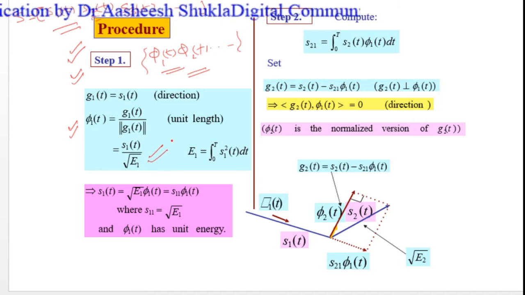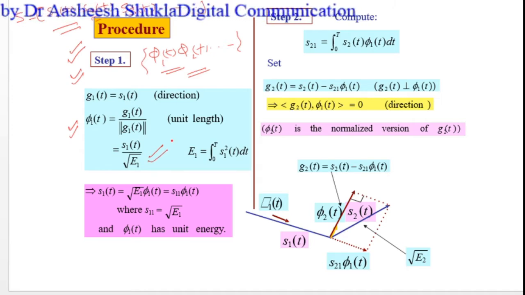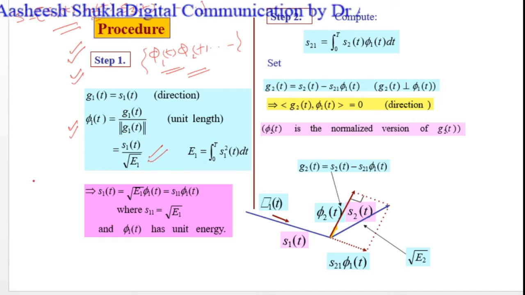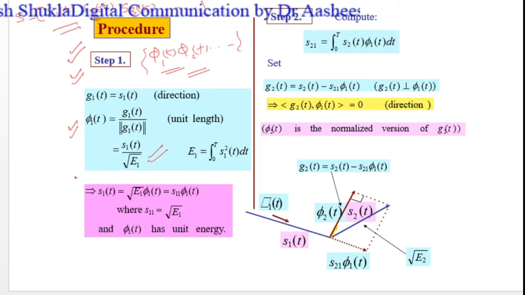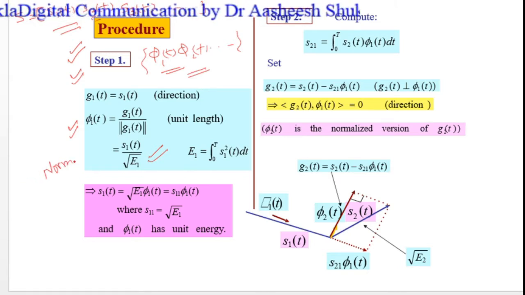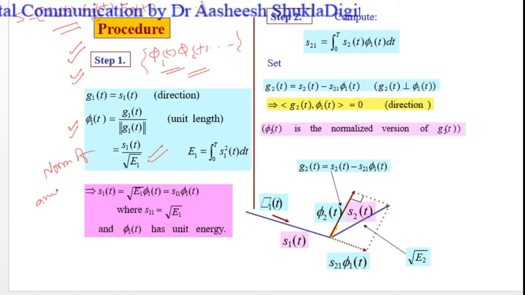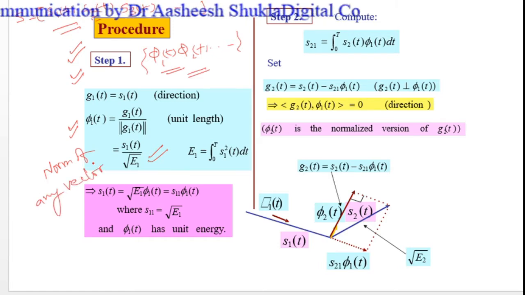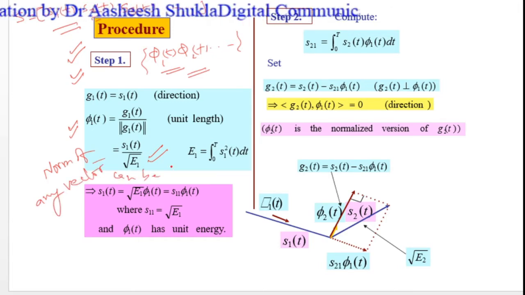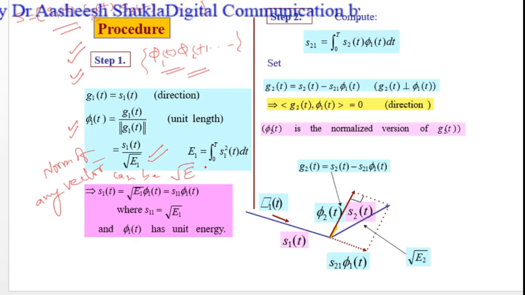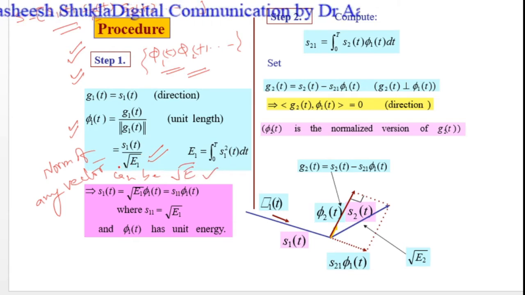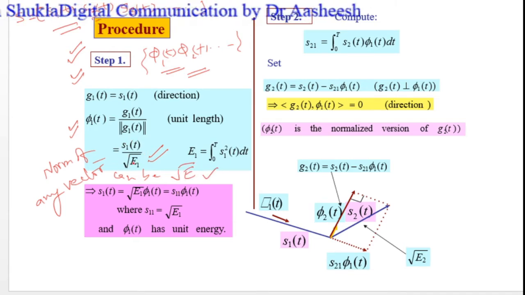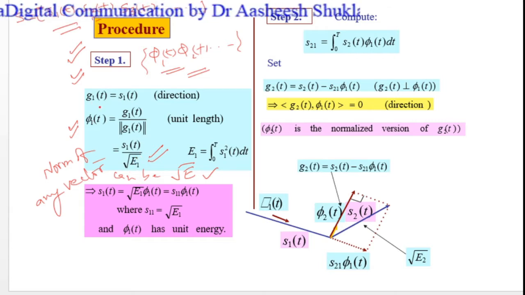This we have already seen in the previous lecture, right? So the norm of any vector is the root of energy. So as simple as that, we just have to divide S1(t) by the root of energy. So this is your phi 1(t).